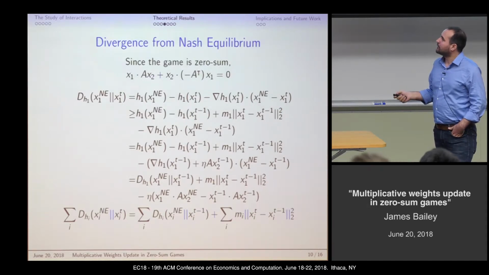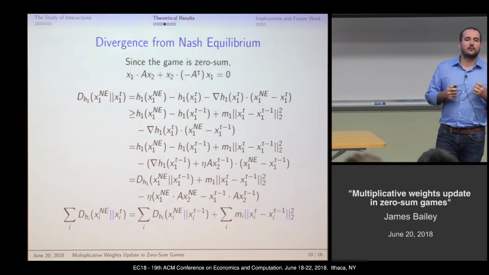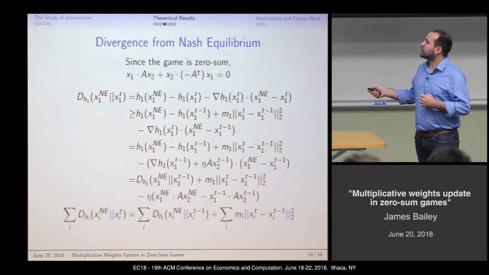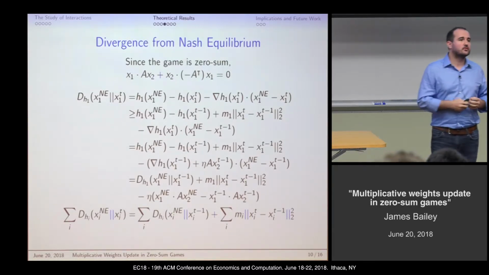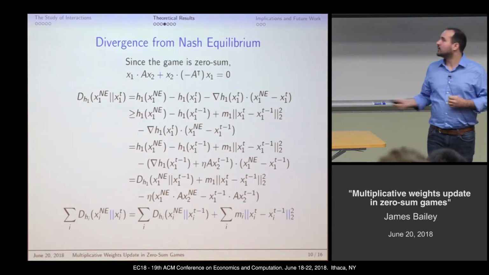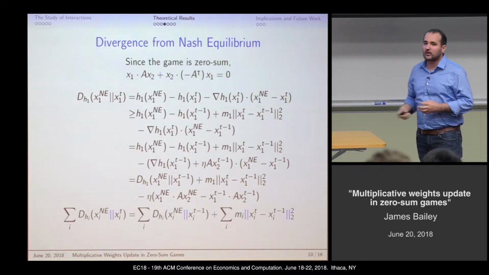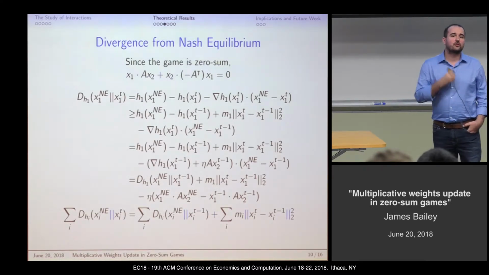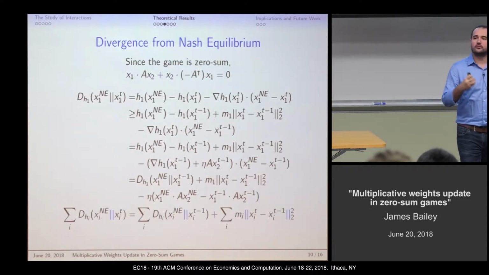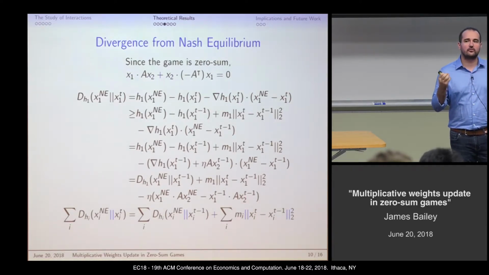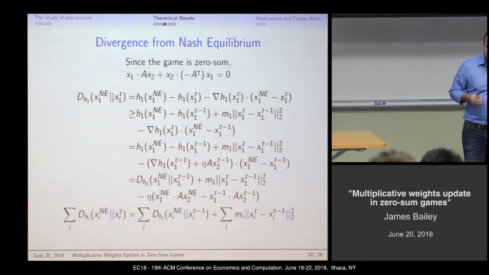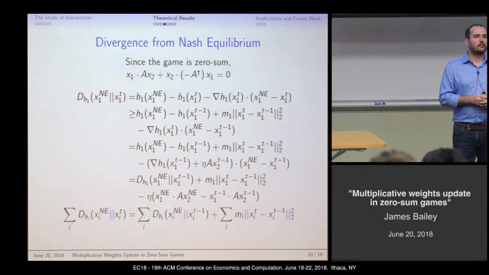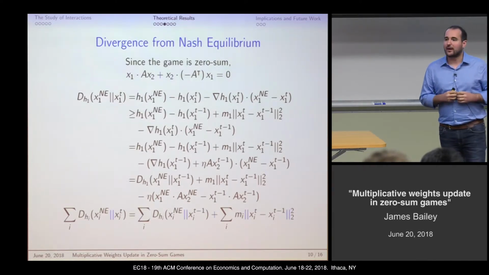Because the game is zero-sum, when we add this together for both players, they cancel out. The sum of that game is 0 when they both play Nash equilibrium, and at time t minus 1 those also sum to 0. We see that the Bregman divergence increases by an amount proportional to how much the algorithm changes those preferences. So we already have that the Nash equilibrium repels strategies.